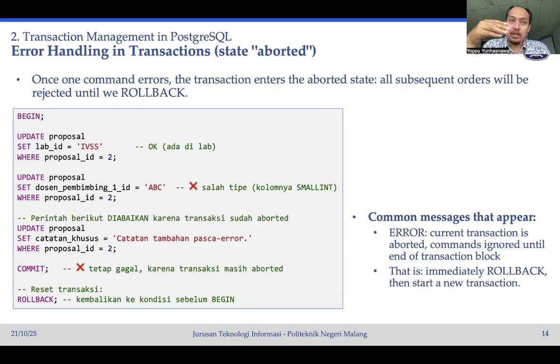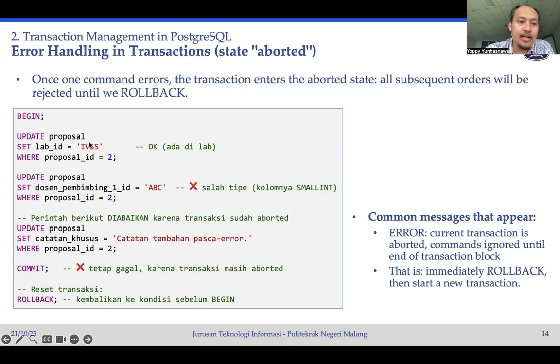The operations will not be written permanently into the storage. For example, this one: begin, update proposal set lab ID equals to IVSS. In this operation we are changing the lab of a certain proposal.